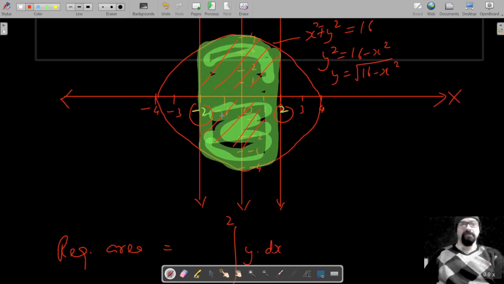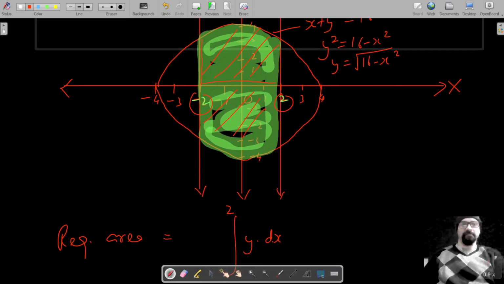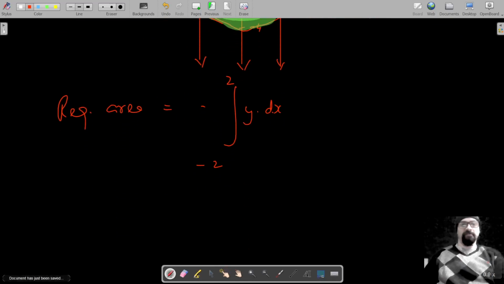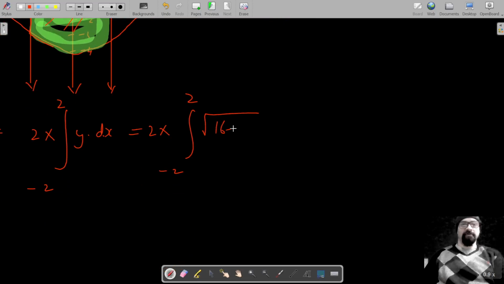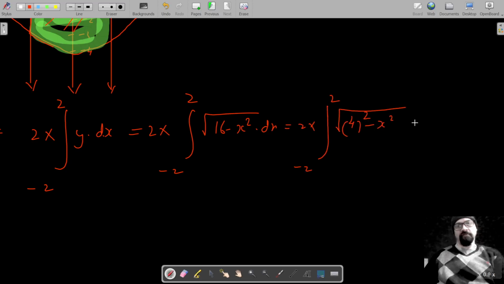This will give me the area of this region, but we have to find the area of this complete region. We are considering this region and this region as symmetrical, so we multiply by 2. So this is 2 into integration of y into dx. Now y is under root 16 minus x square into dx, which can be written as 2 into the integral from -2 to 2 of under root 4 square minus x square into dx.